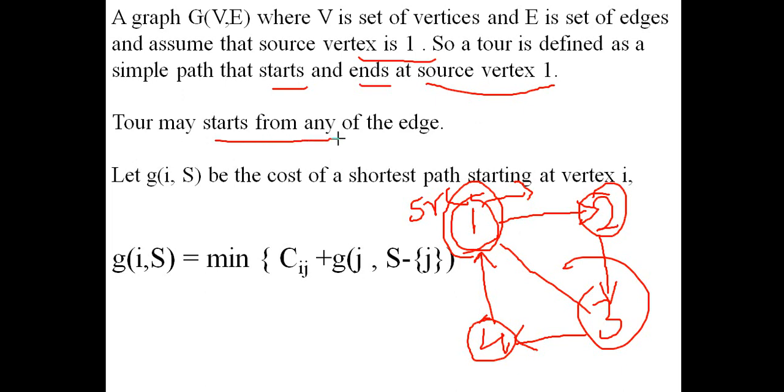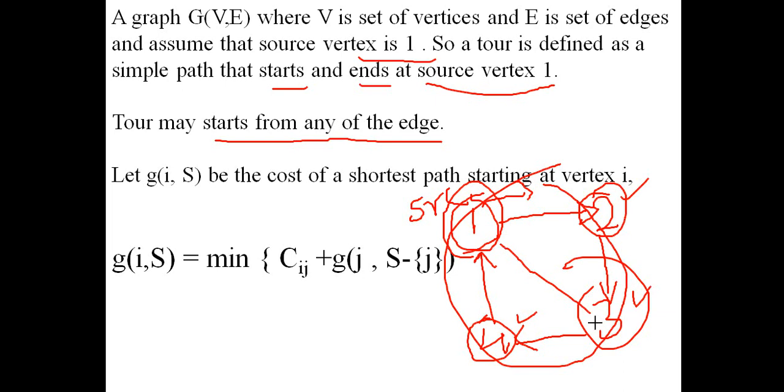That's why the tour may start from any vertex. The person does not only start with vertex 1; the tour can take node 2 or 3 or 4. You can take any one vertex as a source vertex. It is not compulsory to take only one.